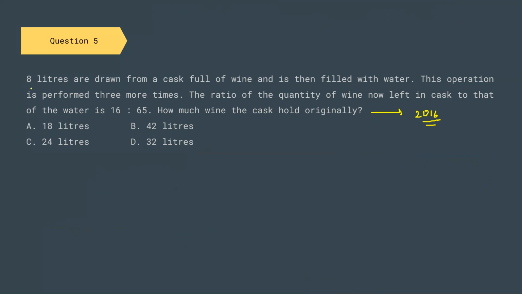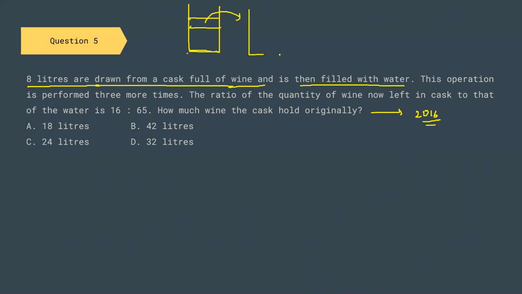They are saying that 8 liters of water is drawn from a cask full of wine and then filled with water. So we have a cask full of wine. A cask is just kind of a bottle. Now we are taking 8 liters out of this cask and replacing it with water.